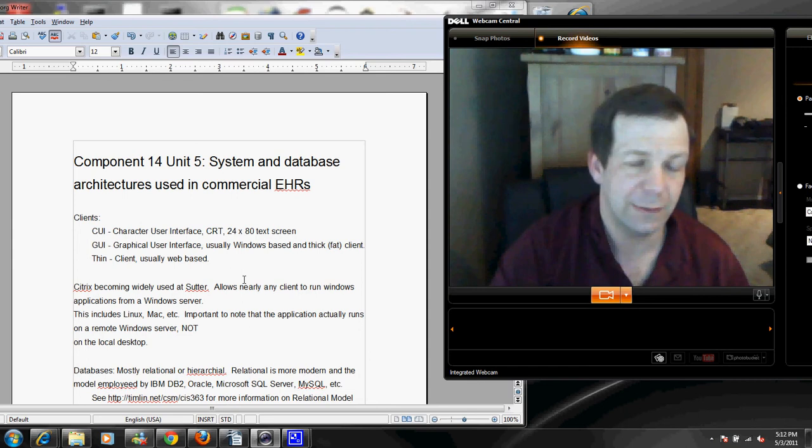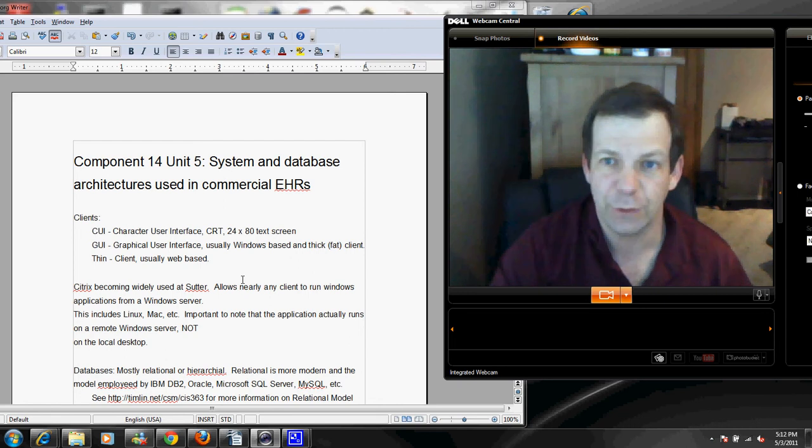Citrix is a really nice environment, which the team mentions, and we're using it and we're testing it out. Basically, what Citrix does is it creates a virtual Windows environment that is running off of a Windows server somewhere, and any computer can attach to this server and run these applications. If anyone's ever used GoToPC, that's an example of Citrix, or remote desktop is another example.